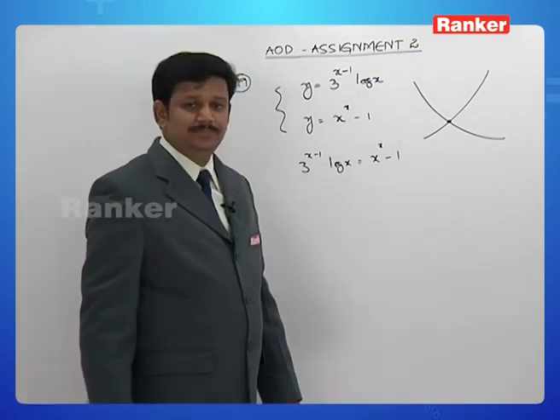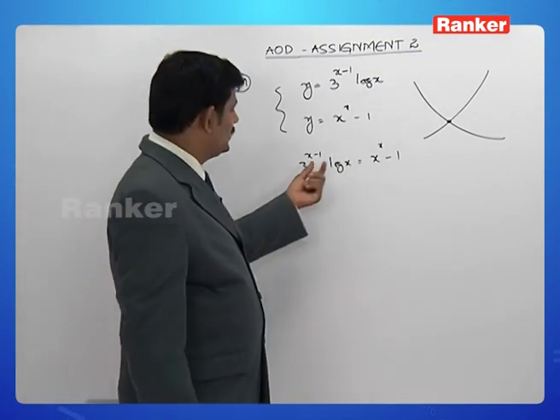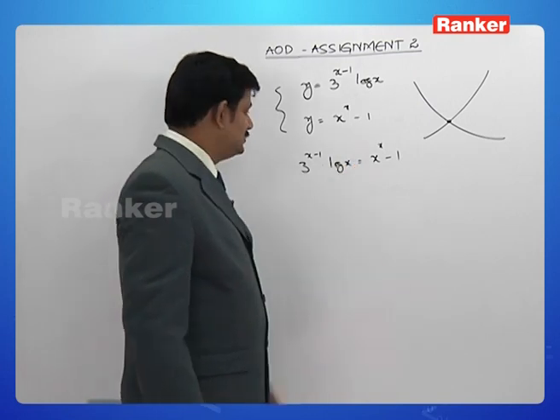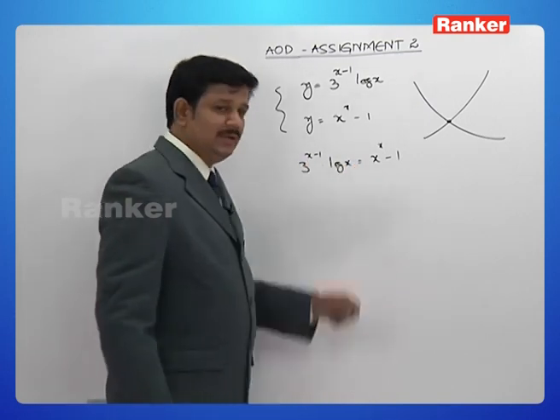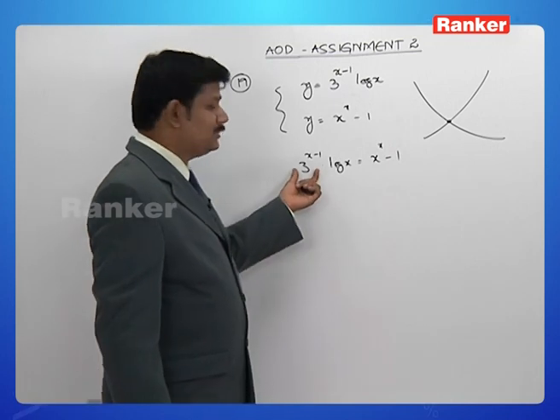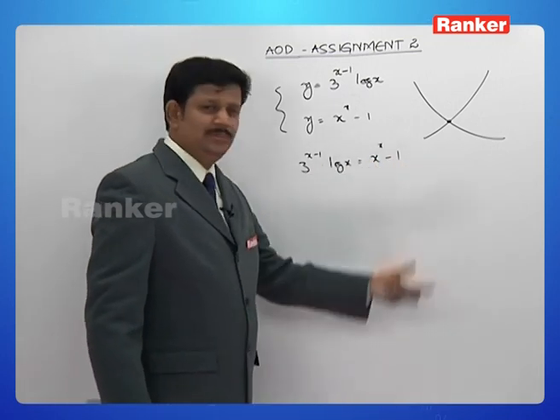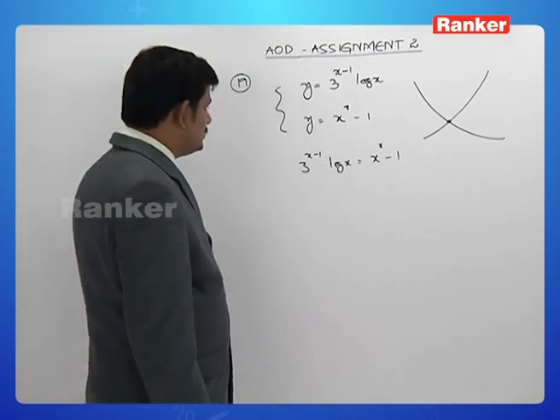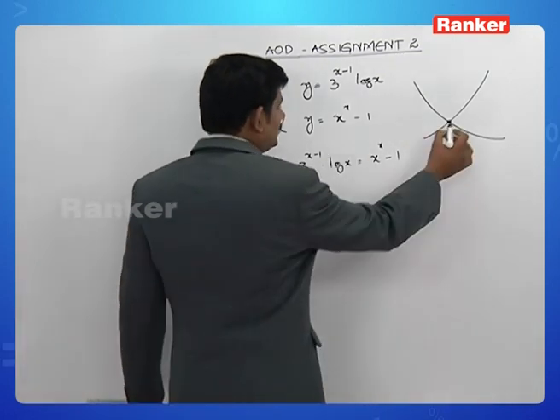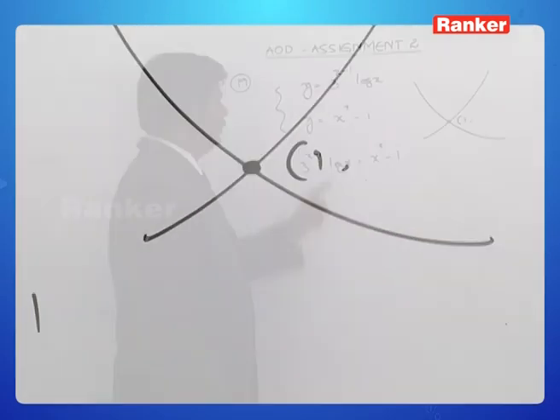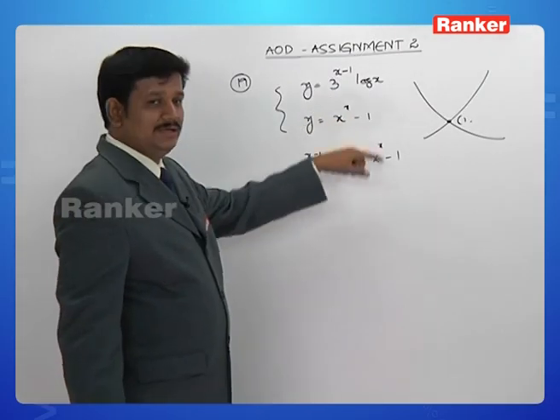So log x will become 0 when x is 1. So let us try if x equal to 1 satisfies this equation. 3 power 1 minus 1 is 0, 3 power 0 is 1, into log 1 is 0, 1 power 1 is 1, minus 1 is 0. So 1 satisfies this equation. So the point of intersection is x equal to 1, and at x equal to 1 the y coordinate is 0.